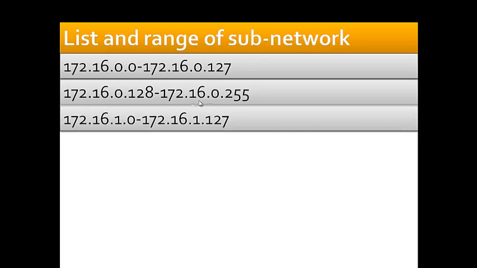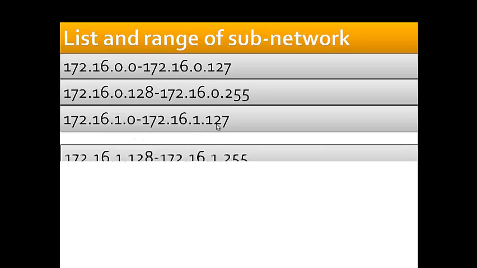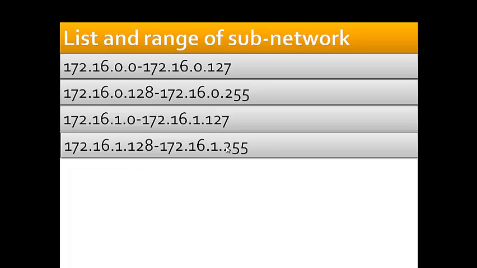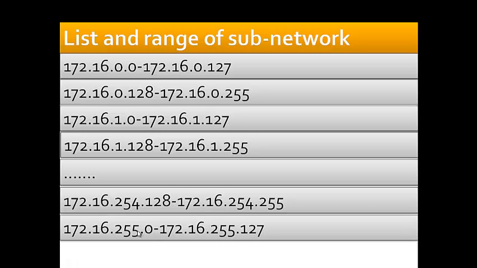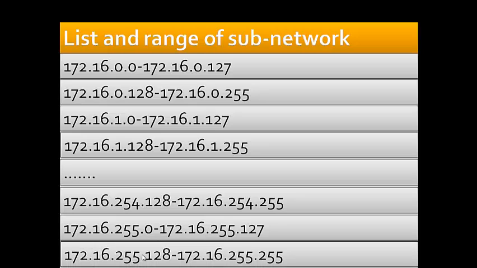The next range is 1.0 to 1.127, then 1.128 to 1.255, and so on and so on, and at the last you will reach 254.128 to 254.255, then 255.0 to 255.127 and 255.128 to 255.255. So you will get 512 networks in this subnetting.